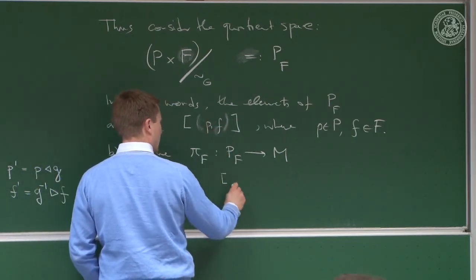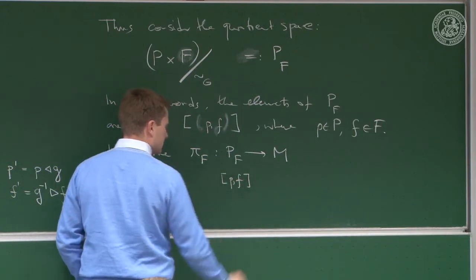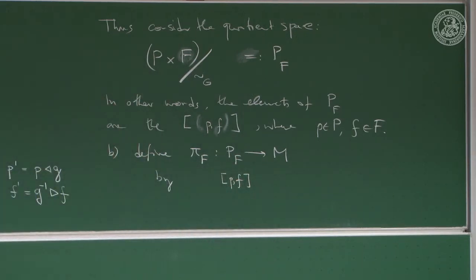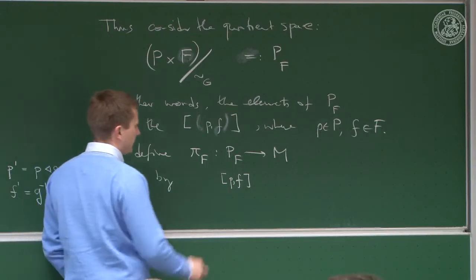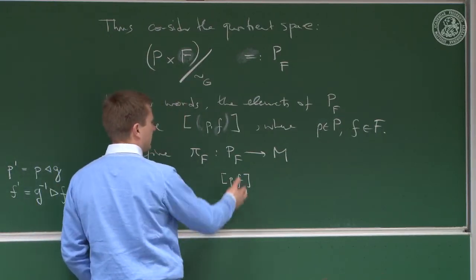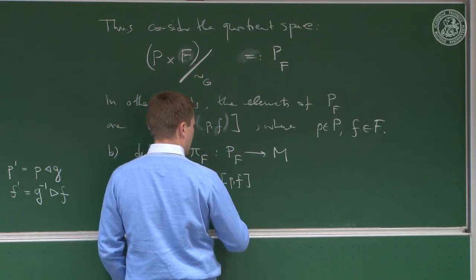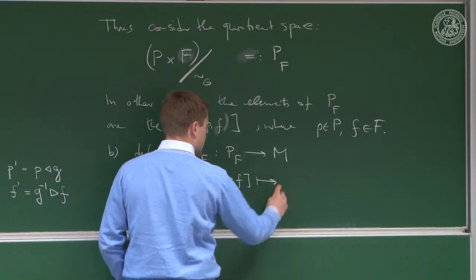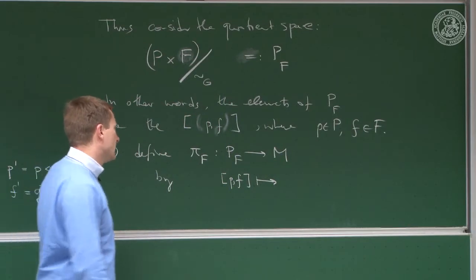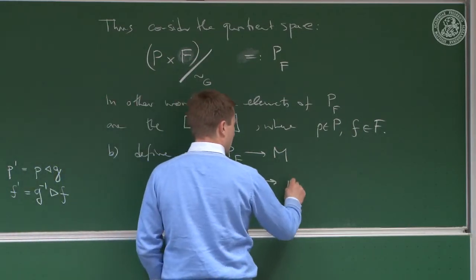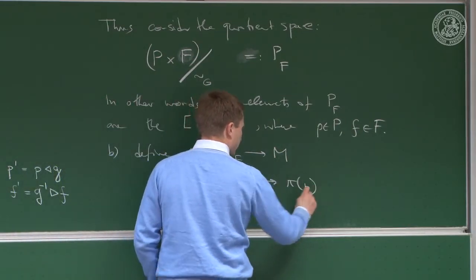We take an element of this associated bundle, which we understand as an equivalence class of a pair of elements from the principal bundle and the fiber, this being the identification under G, and we send this, by this map pi_F, to the point in M that we get by pi of P.